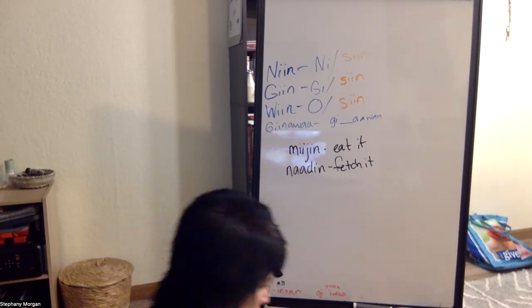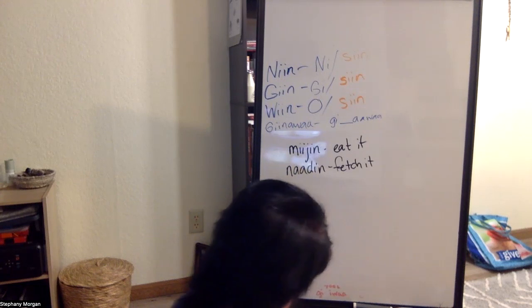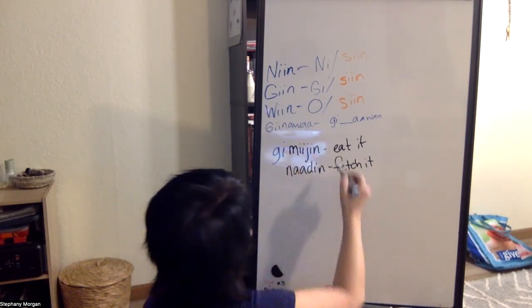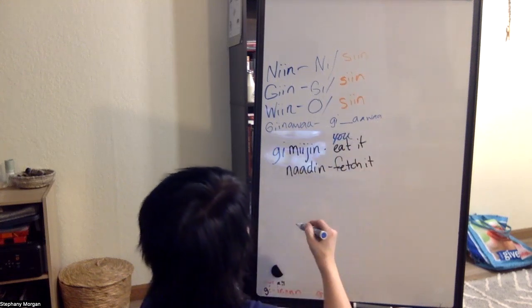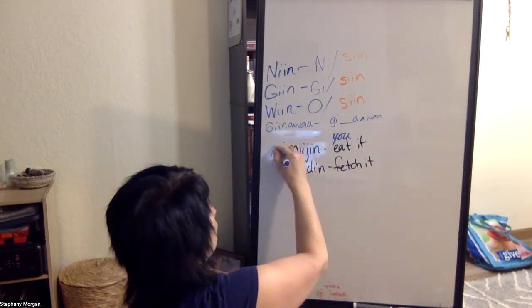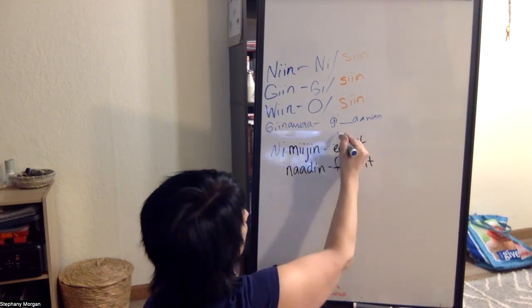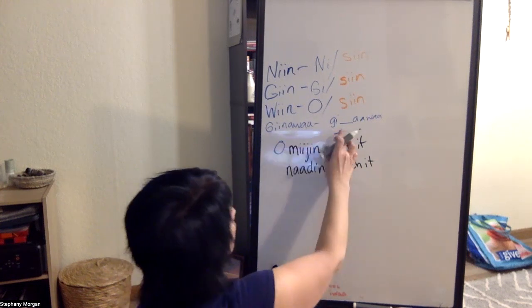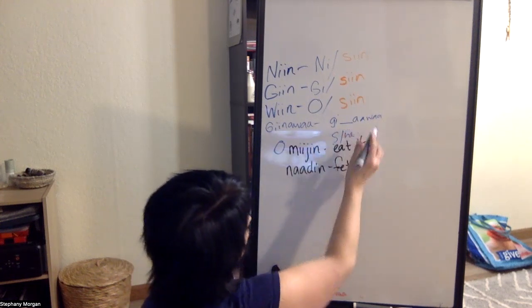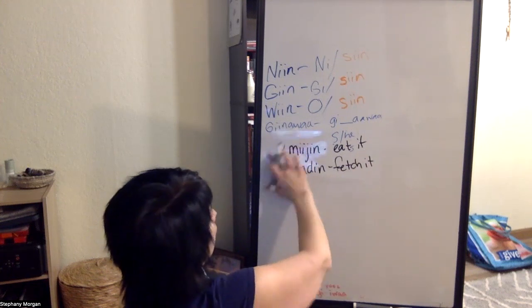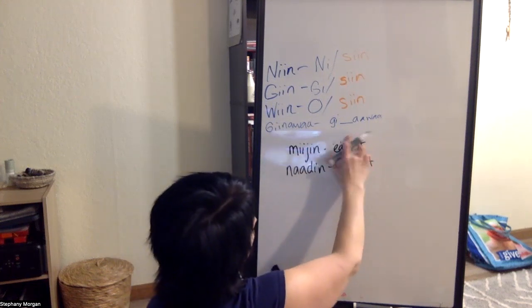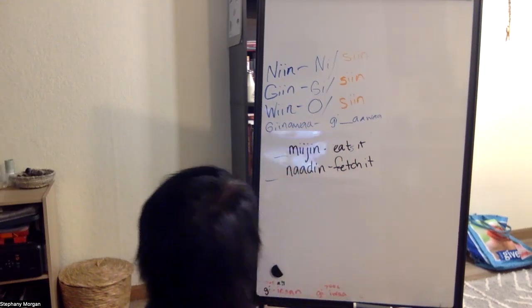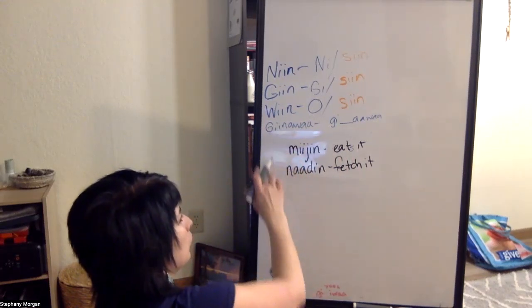Let me just give examples. So again, we all know Gigii-miijin, you are eating it. Ingii-miijin, I eat it. Miijin, he or she eats it. Or it becomes present tense. You just add your singular persons onto the front in A form, and that's the way that goes.